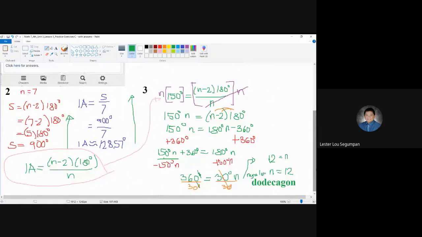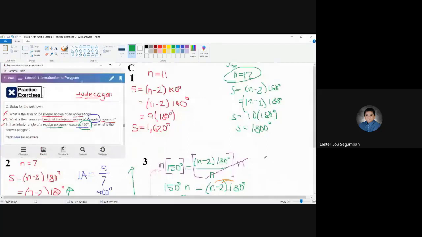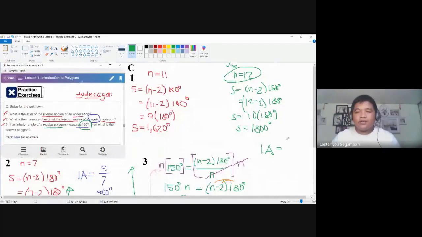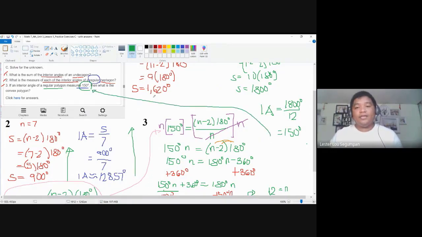We're just simply going to divide 1,800 degrees by the number of sides, 12, to get the measurement of each interior angle. 1,800 divided by 12, we will actually get 150 degrees. And this is actually what is given for item number 3.